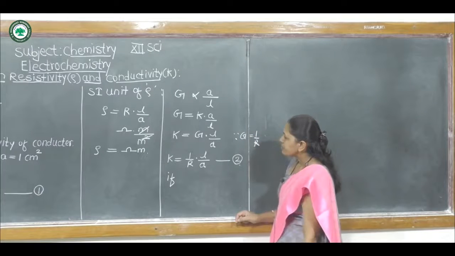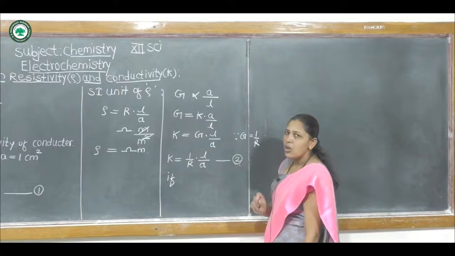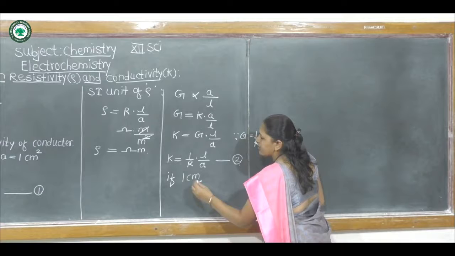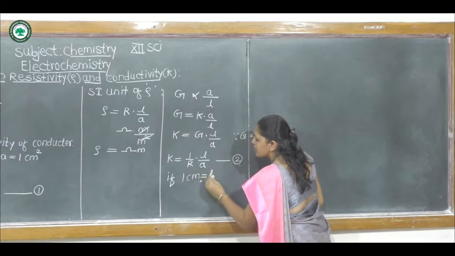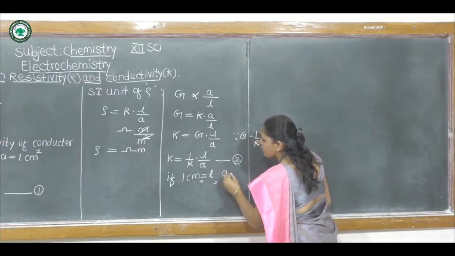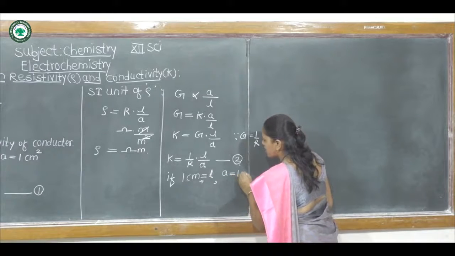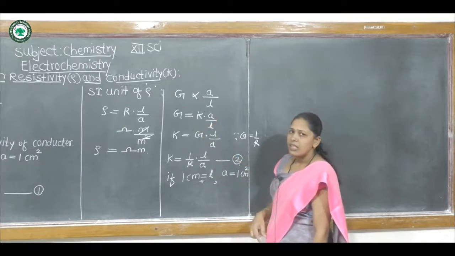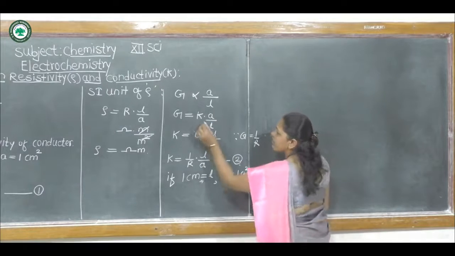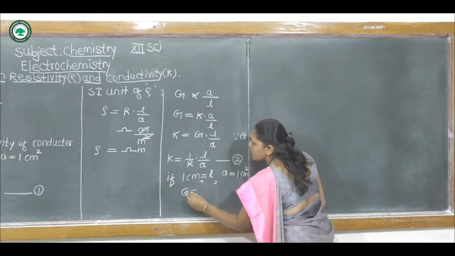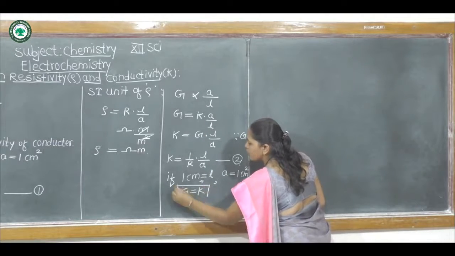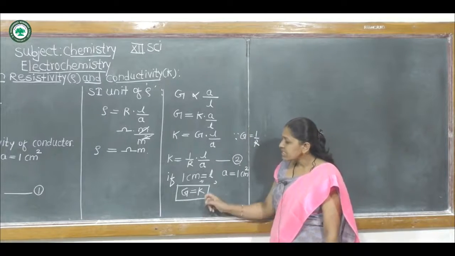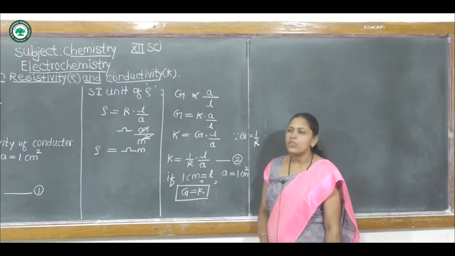If the length of the conductor is 1 centimeter and the area of cross section of the conductor is 1 centimeter square, then substituting in this equation we get G is equal to K. From this equation we can define conductivity of the electrolytic solution.